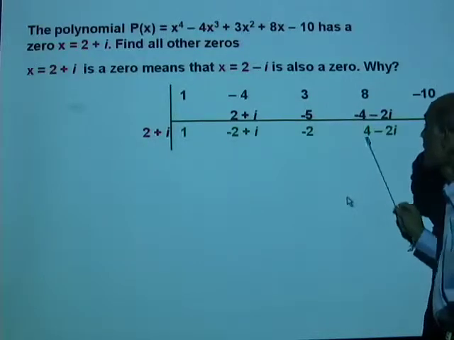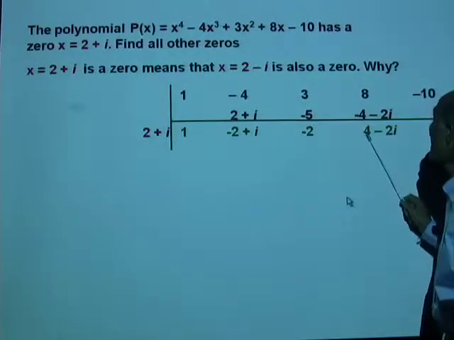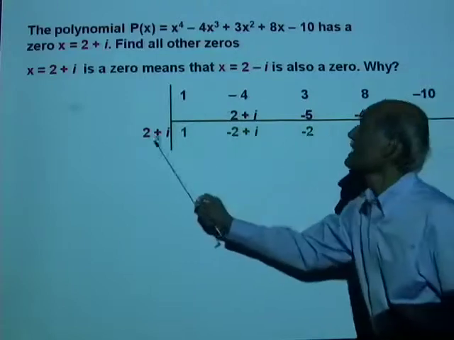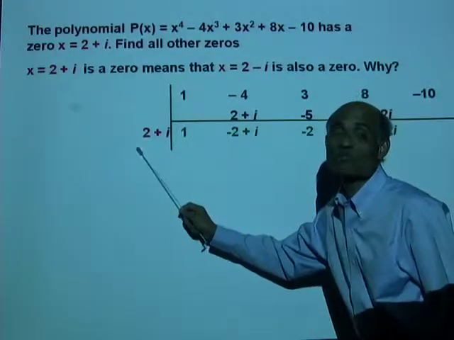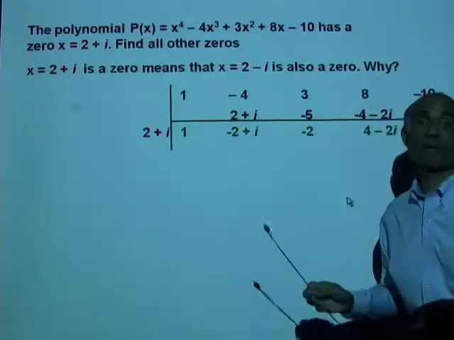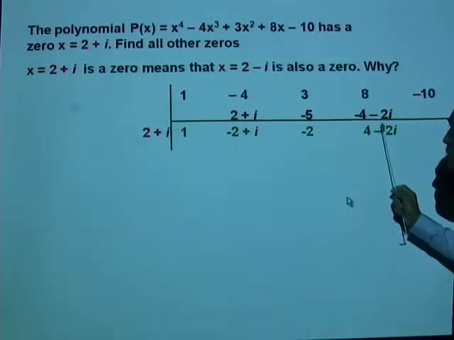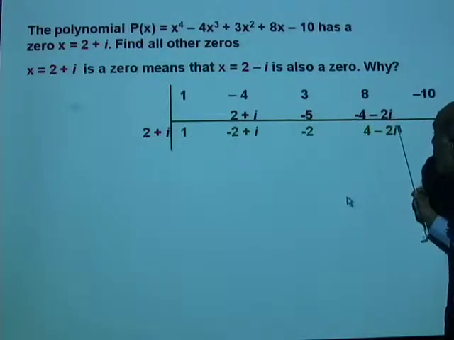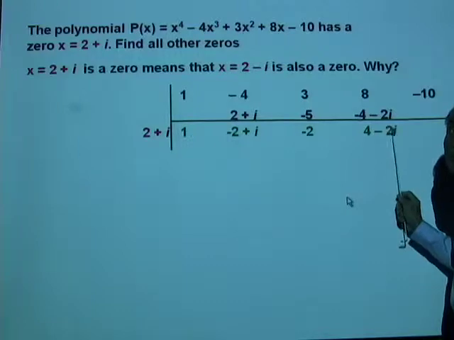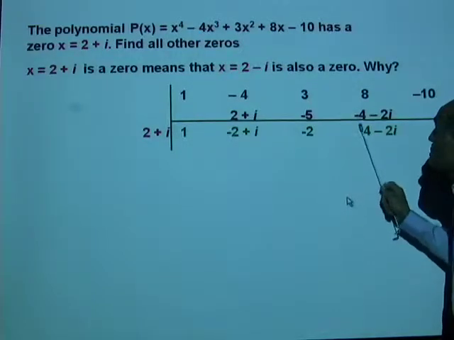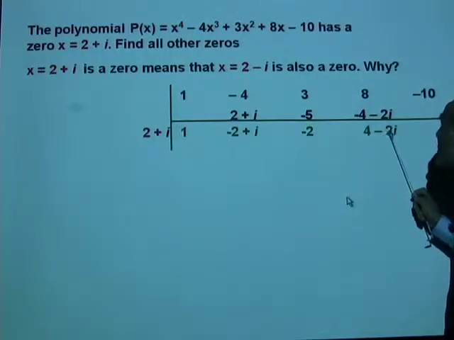2 times 2 minus i, and 2 minus i times 2 plus i. Tell me, what is 2 minus i times 2 plus i? Did you actually follow this? Write this 4 minus 2i, factor out a 2. It will be 2 times 2 minus i.